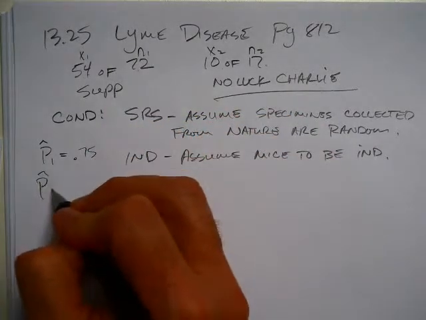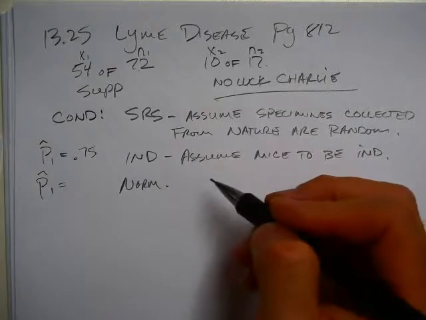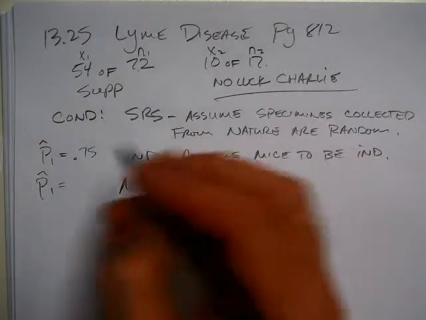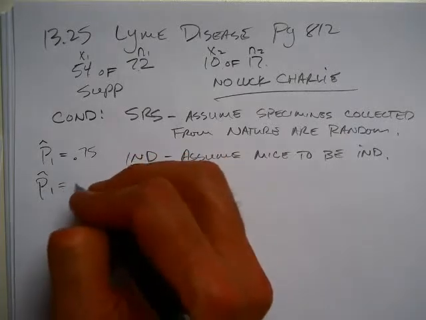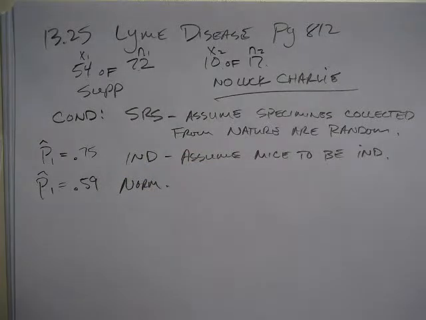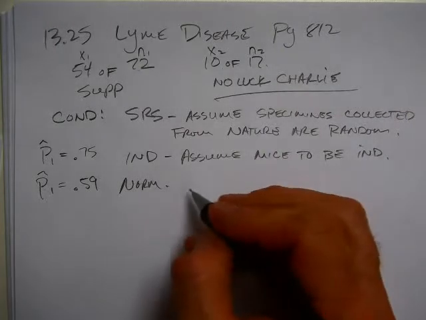And p hat 2 is 10 of 17. That's about 0.5, I'm going to call that 0.59. 0.588 is what I get. 0.59 is close enough.